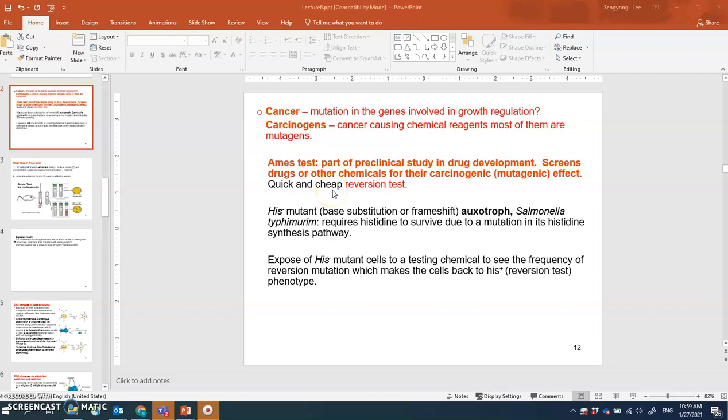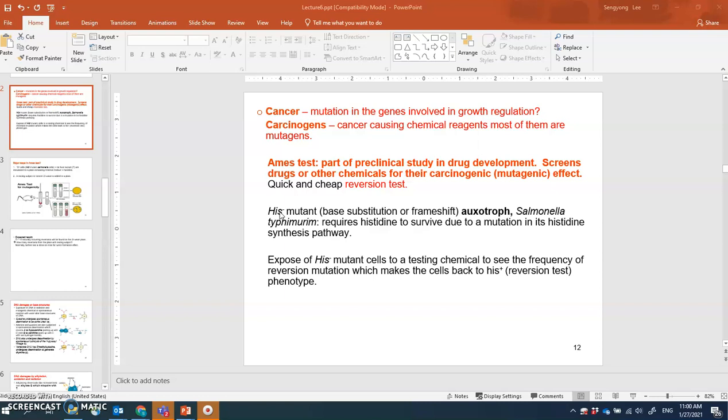Instead, you only use Salmonella bacterial cells for this test. So how does that work? We have mutant Salmonella cells, especially those called His minus mutants. His stands for histidine, which is one of the very important amino acids.